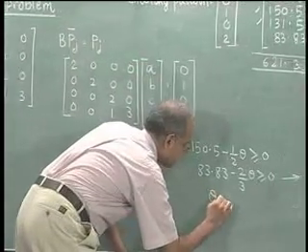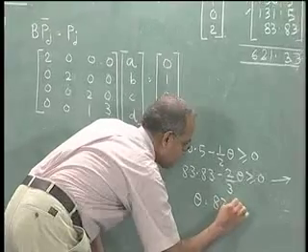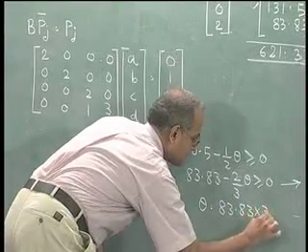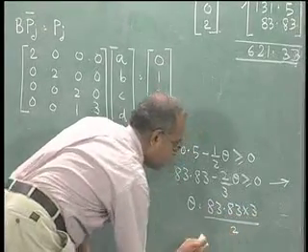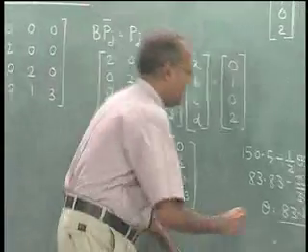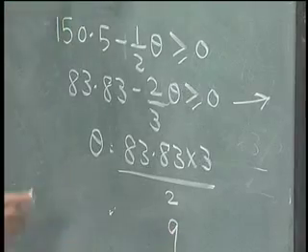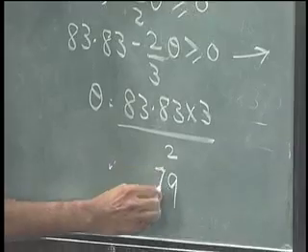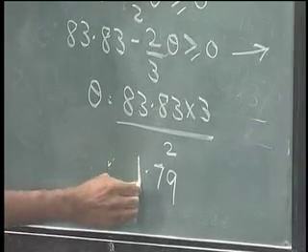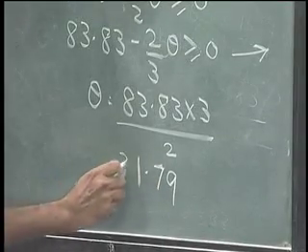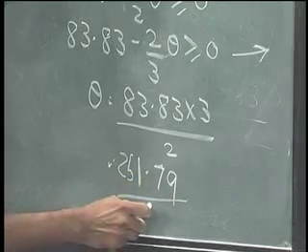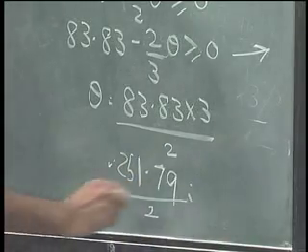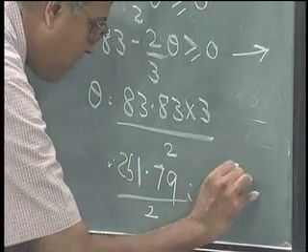So, theta is now 83.83 into 3 divided by 2.